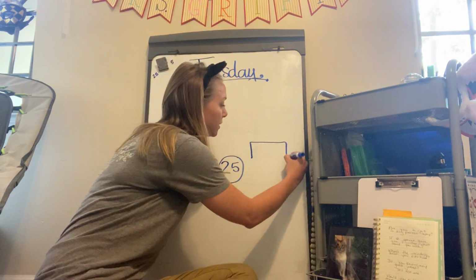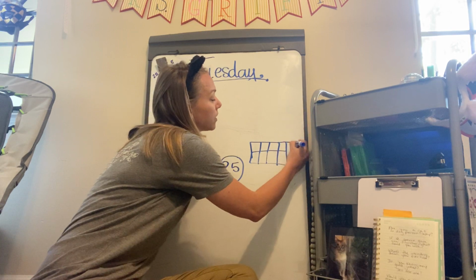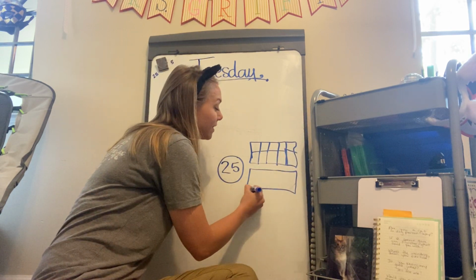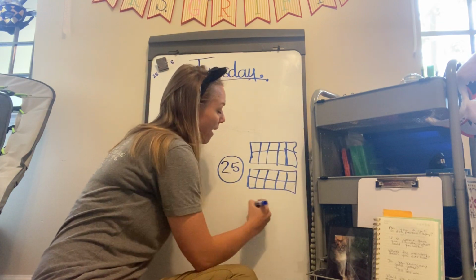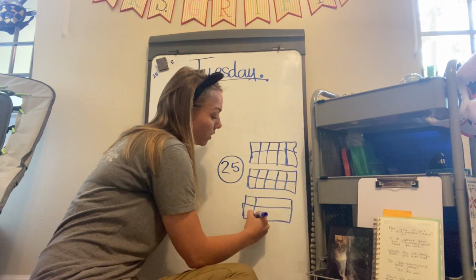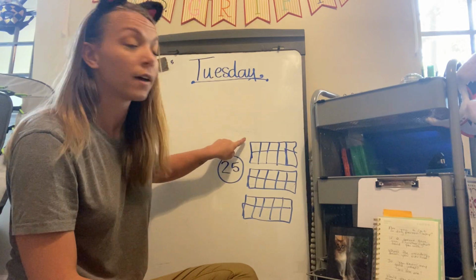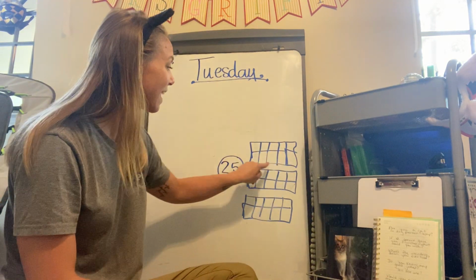We've only done 25. As you draw your 10 frames, I want you to think to yourself, what is half of 10? How many squares do we need to fill the top row of our 10 frame? 5 plus 5, a doubles fact, equals 10.